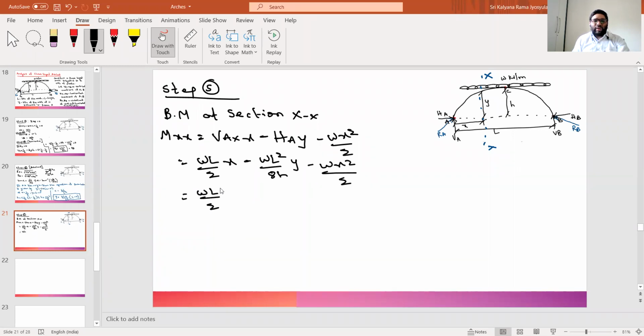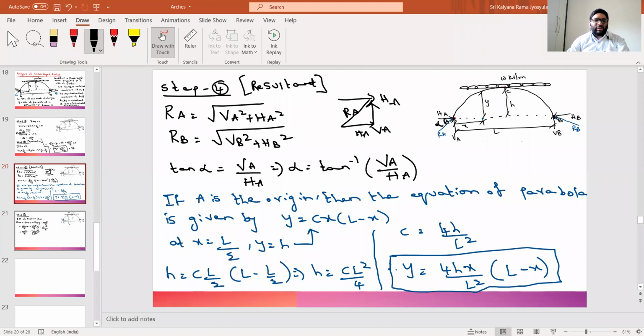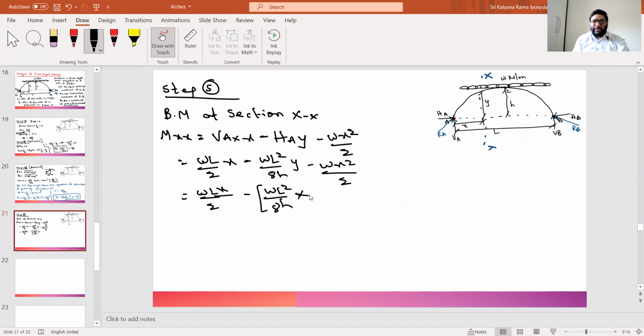That is equal to WLX by 2 minus WL square by 8H into, what is the value of Y? 4HX into L minus X by L square, minus WX square by 2.